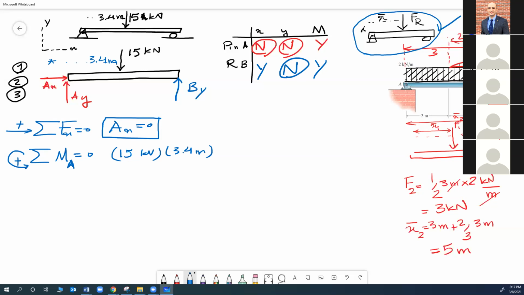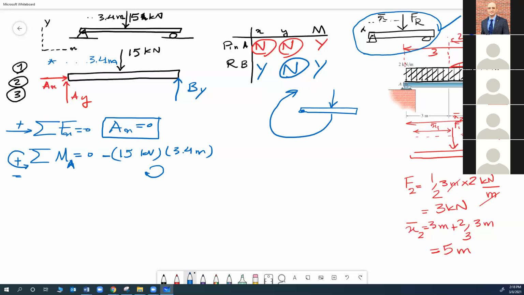Is this positive or negative? You've got to look at my sign and which way this is going. This force is trying to push it down, so if I pin it here, it's going to rotate clockwise. I check it with my sign. They're opposite of each other, so minus.